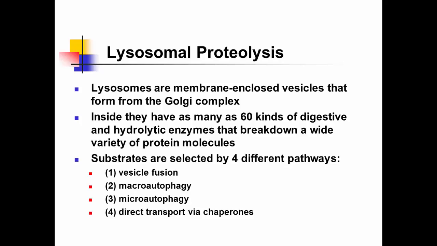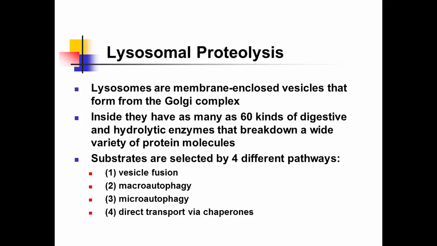Macroautophagy usually degrades old or damaged organelles, for example, mitochondria, right? If the mitochondria get damaged or old, they are engulfed by the autophagosome, right? The autophagosome then fuses with the lysosome, and again the lysosome enzymes degrade the mitochondria.